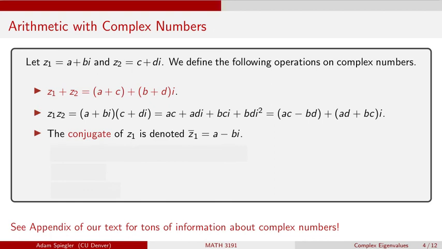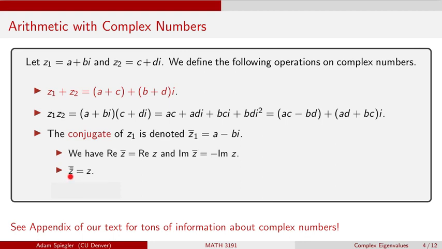And as a result of this definition, we can see that the real part of the conjugate of z is going to be the same as the real part of z. So there's no difference, but the imaginary part of the conjugate of z is going to equal minus 1 times the imaginary part of z.